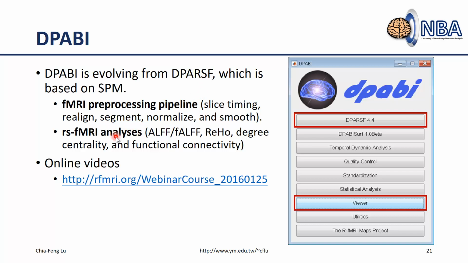For the second part, you can perform the resting-state fMRI analysis, as we introduced in the first session, such as ReHo or ALFF or the modified version fALFF. You can use the DPARSF interface to do the analysis.